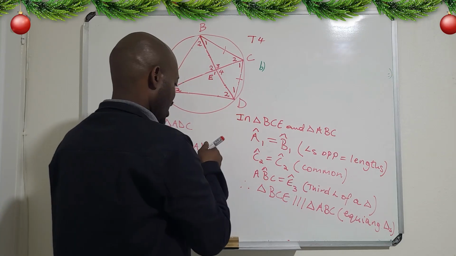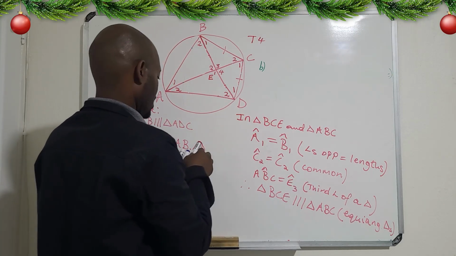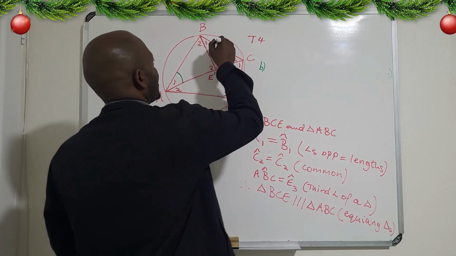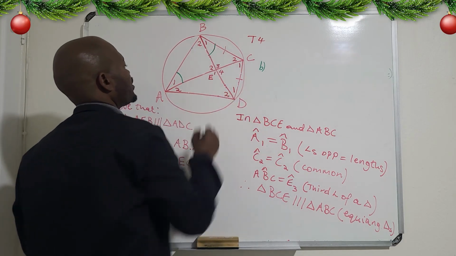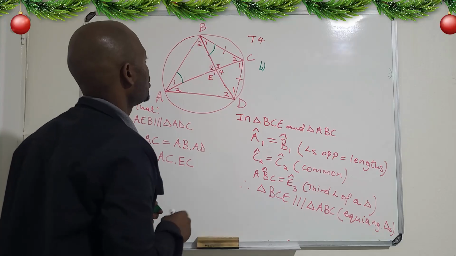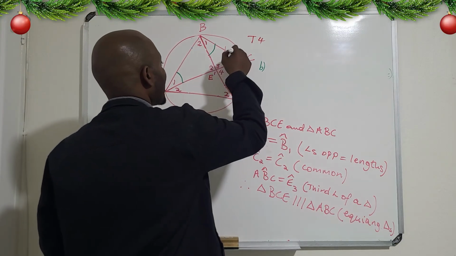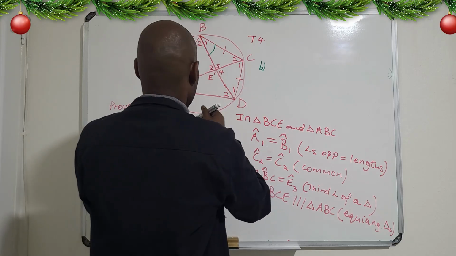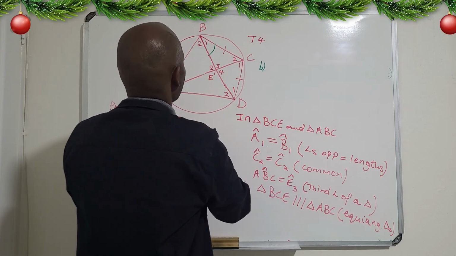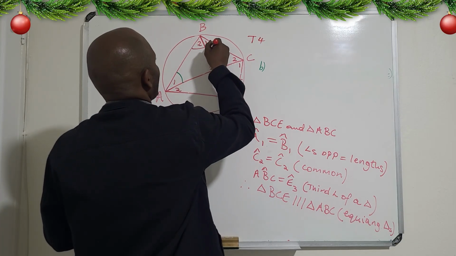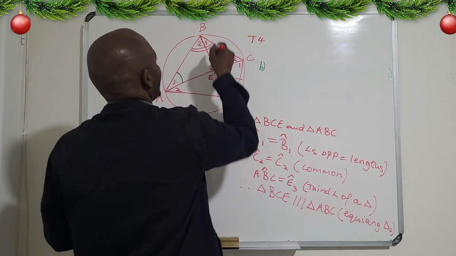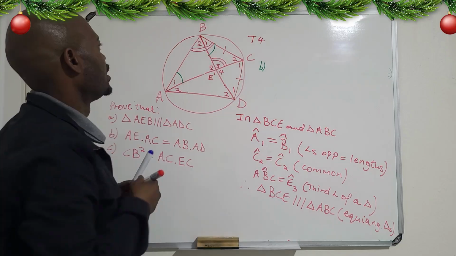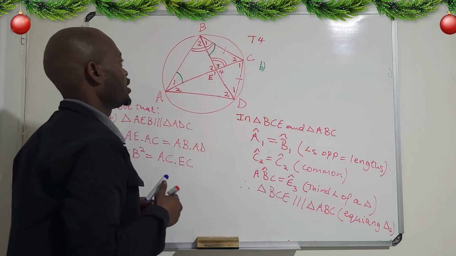Now, we must highlight all the angles which are equal. This angle there is equal to this angle there in this triangle. Also, we know that angle C is common. We also know that this angle here is equal to this angle there. Angle C is common. Right.